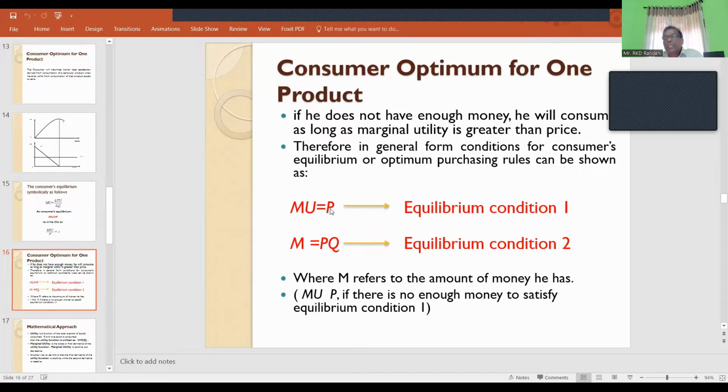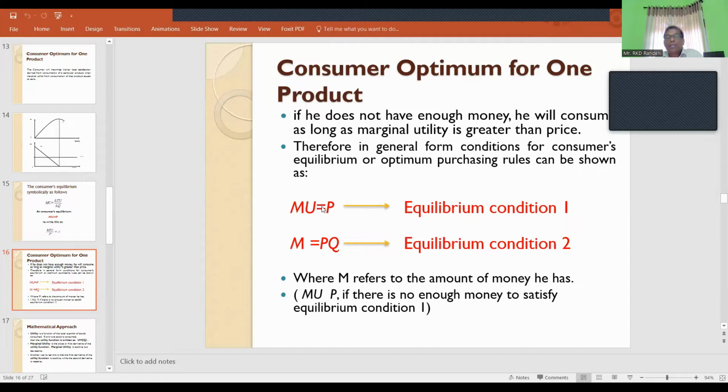MU equal to P. Always the consumer spends his money comparing the marginal utility. That is the condition: MU equal to P, or money income M equal to price into Q. If he does not have enough money, he will consume as long as marginal utility is greater than price.